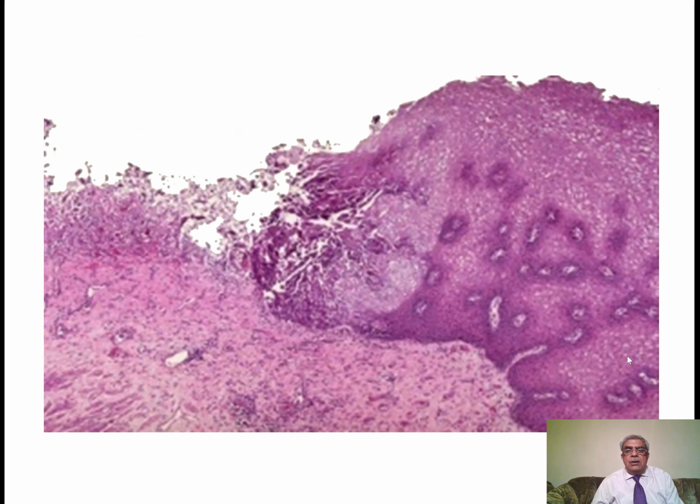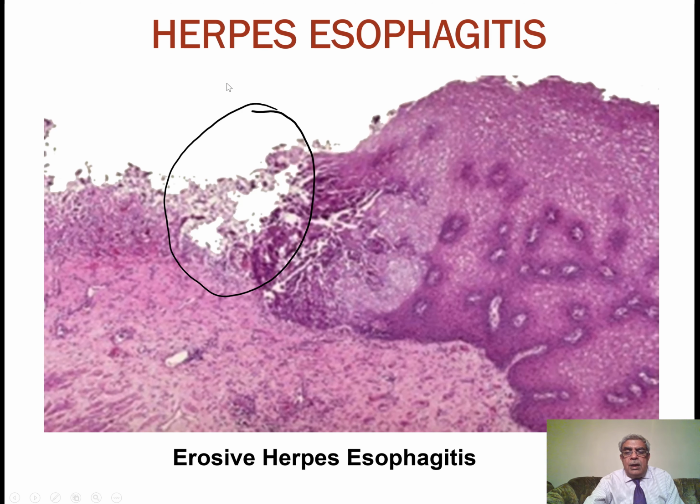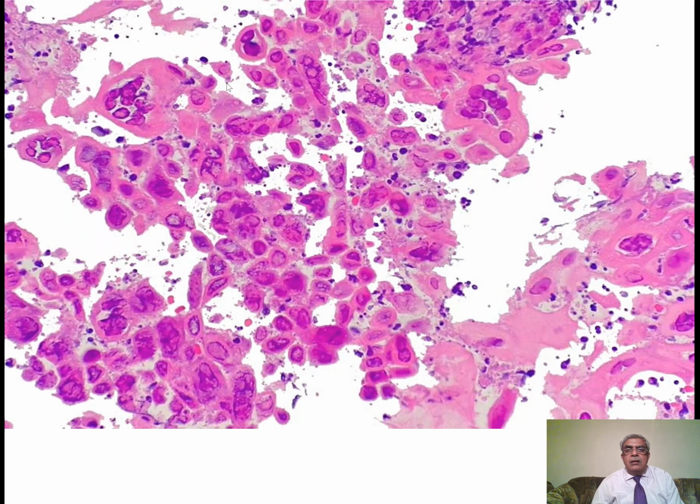Look at that. This is herpes infection, and here the erosion is seen, where the stratified squamous epithelium is being eroded. Erosive herpes esophagitis. Now here, what I told you, that there are squamous cells and they contain the inclusions.